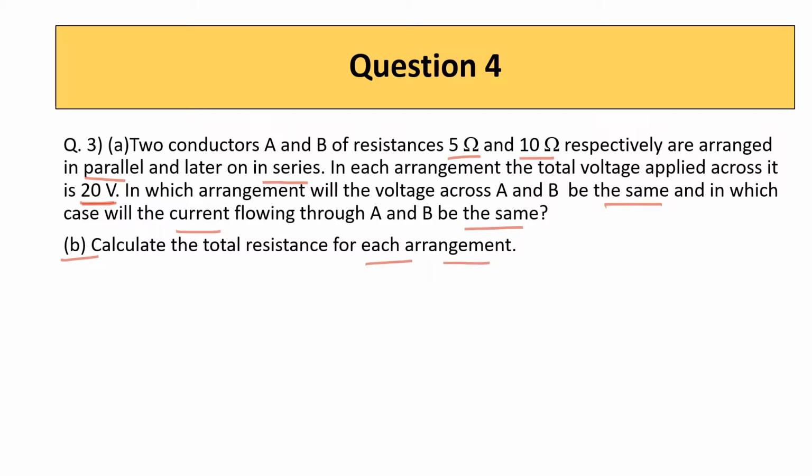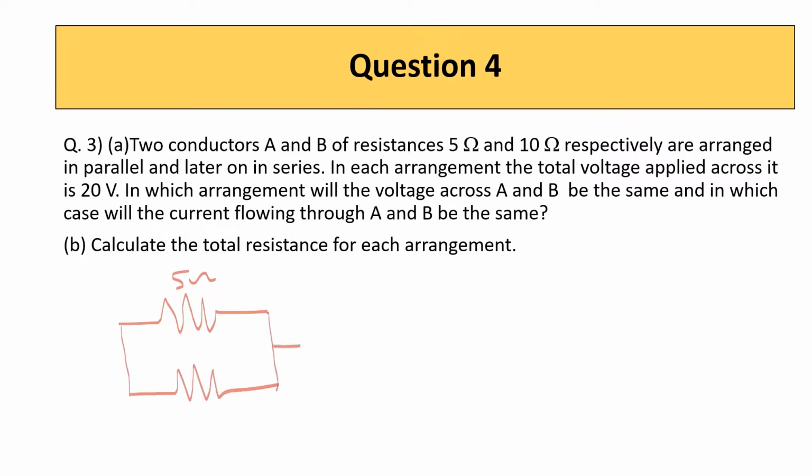In this question, you have two resistances A and B. Let this be A and the value of this be 5 ohms. First, these two resistances are connected in parallel. 5 ohms and the value for the other resistance is 10 ohms.